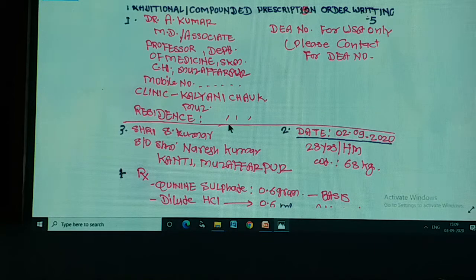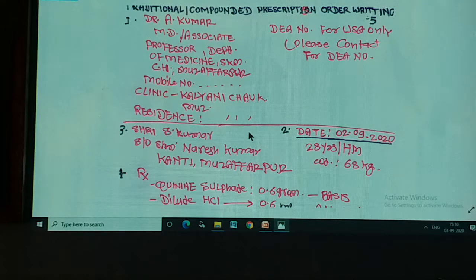Now coming to both types of prescription order writing. This is the example before you which depicts the traditional or compounded prescription order writing. Here, first part of the prescription, that is details about doctor or prescriber, is Dr. A. Kumar, MD, Associate Professor, Department of Medicine, SKMCH, Muzaffarpur.